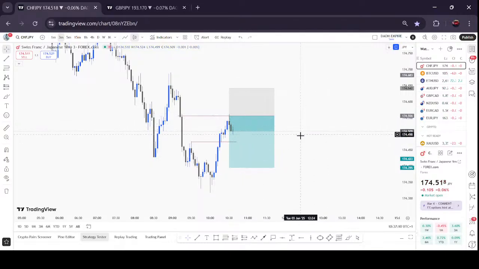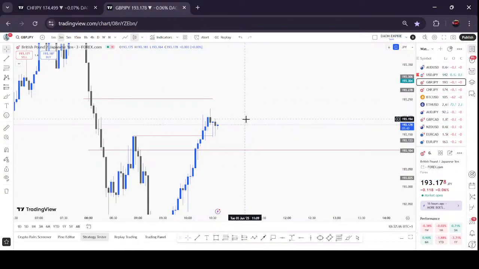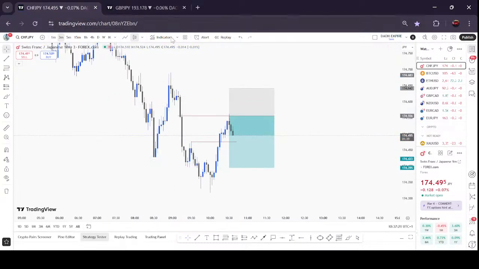It's still in profit right now. This is what I call the simple concept. While we are waiting for GBP to get ready, we are already in good profit on CHF. Analyze it live in front of everybody, and this trade is currently running in profit.